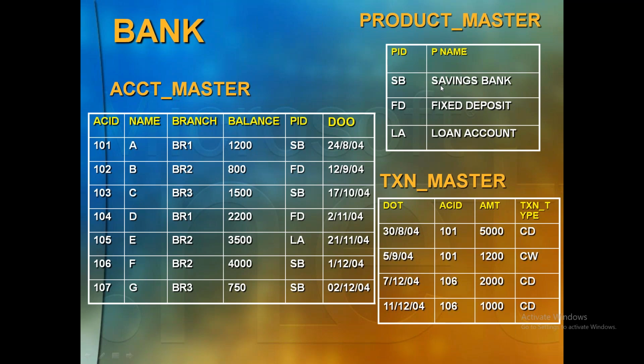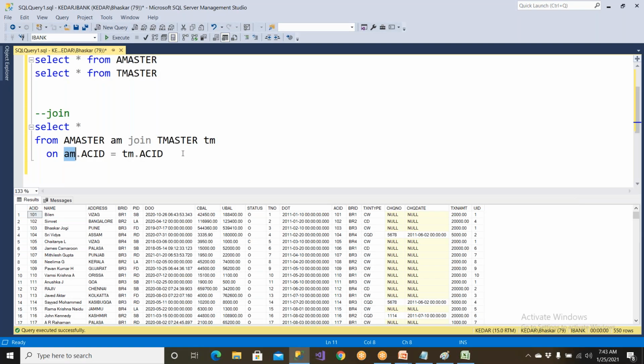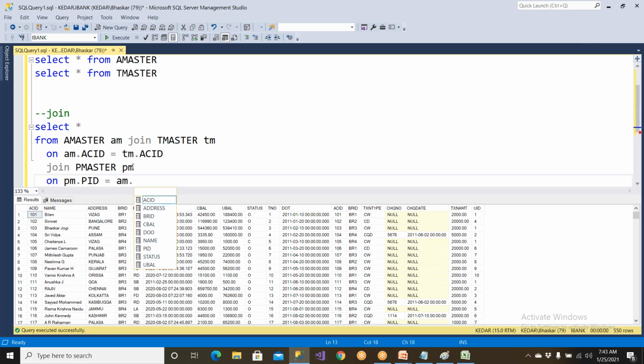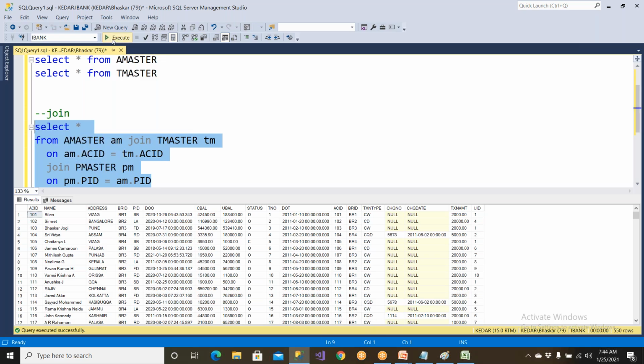So let me go and use join product master pm on pm.product id is equivalent to am.product id. So these two tables are linked. Now the number of columns is getting increased.